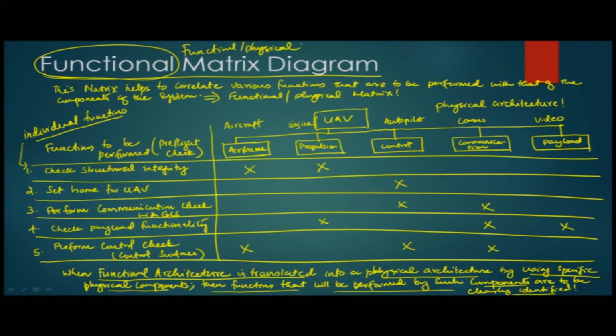Though different books call it a different name, the most right name is functional physical matrix. It is extensively used by the US DoD. I would say this tool was to a large extent developed by the people of the US Department of Defense, and it is a very good tool in identifying which functions are allocated to which physical component of the system.